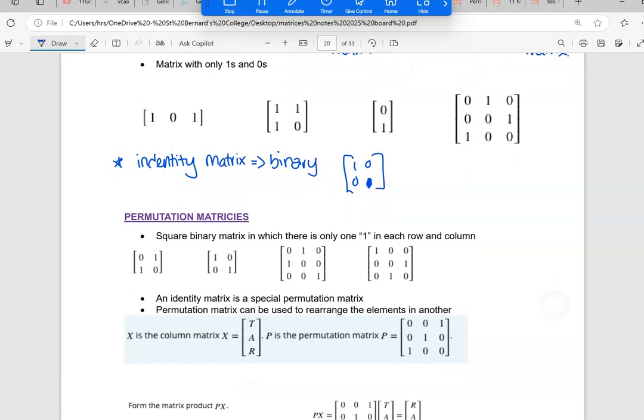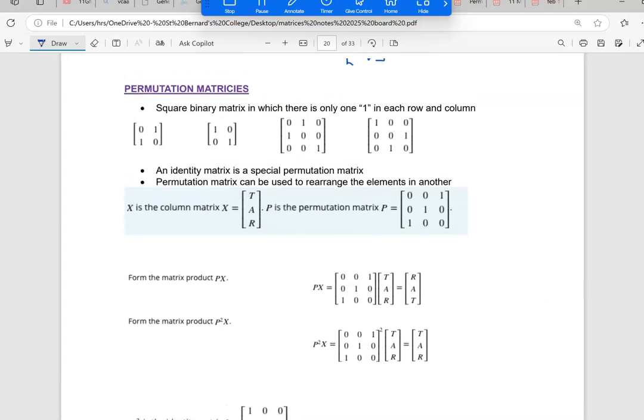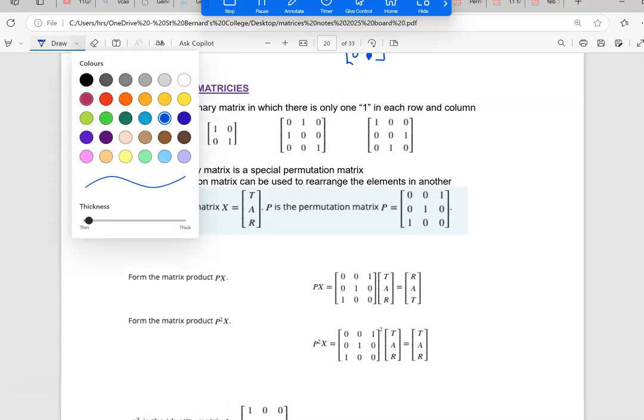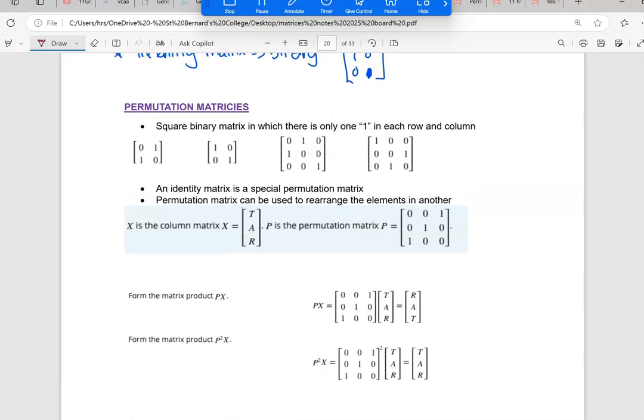So the next thing we're going to look at is called permutation matrices. If we think about the word permutation, it sort of means you change. It's a changing thing, right? It moves around and you're changing into something. So a permutation matrix moves around the elements.